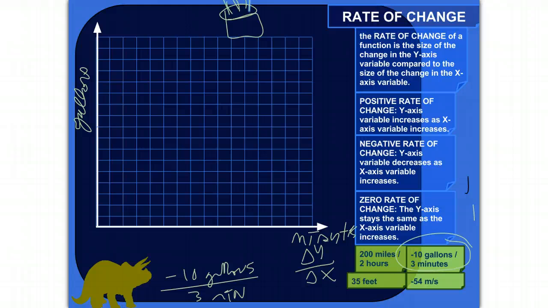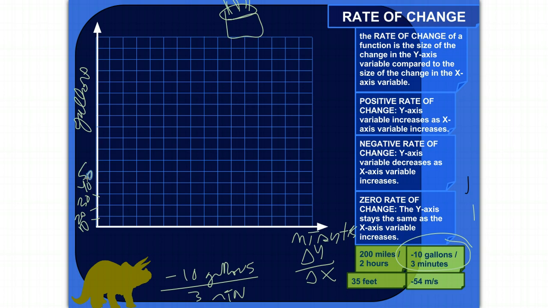So I want to start with it being full. Pick whatever you want. Let's say it's a 50-gallon thing. So let's make the scale of the y-axis go by 10: 10 gallons, 20 gallons, 30 gallons, 40 gallons, and 50 gallons here.